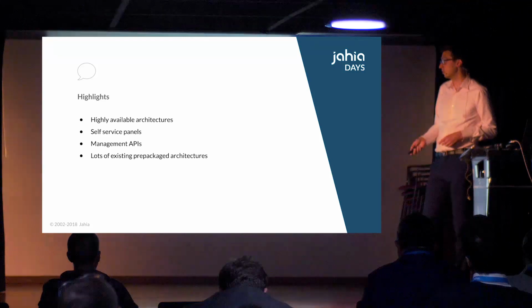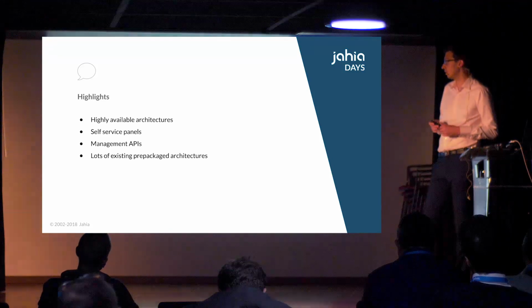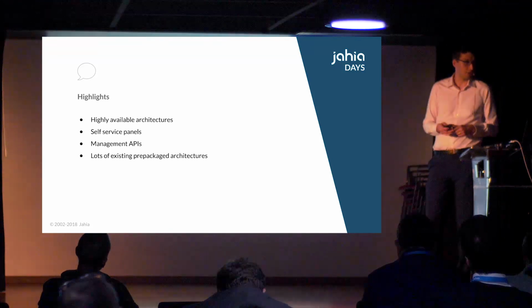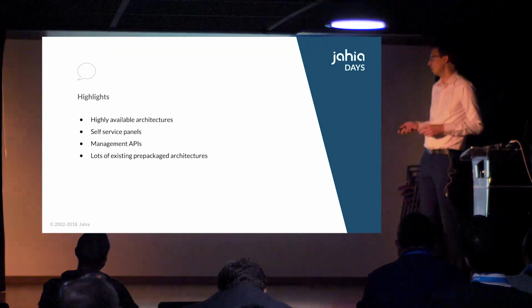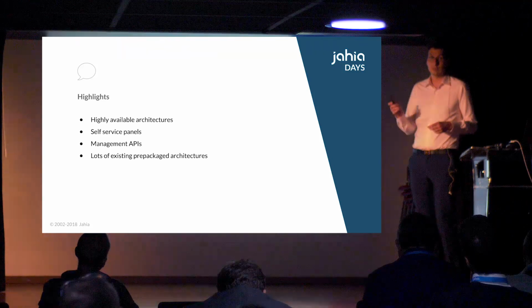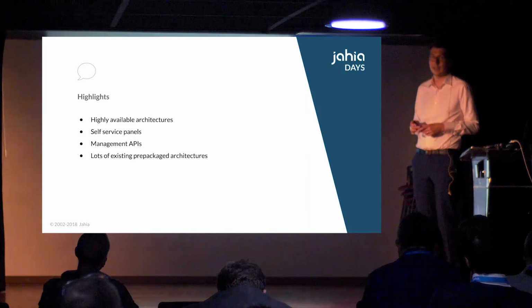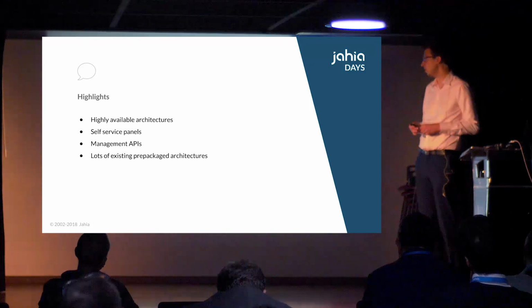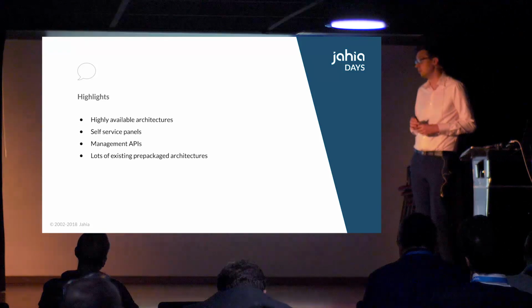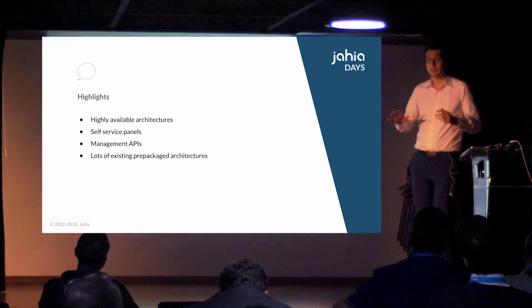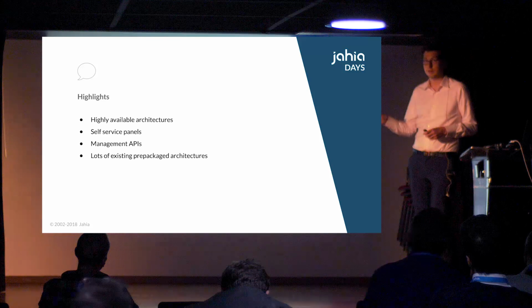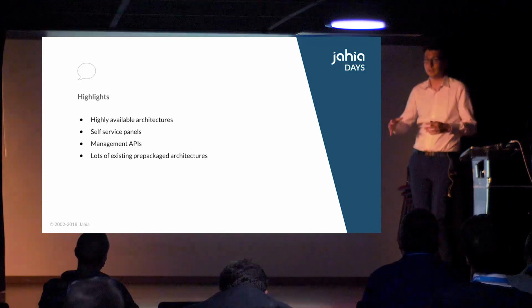Self-service panels. Most of the container as a service technologies have self-service panels. Management APIs. Most of the time REST APIs, but also command line for you to automate everything. And it comes with lots of packaged applications, like all the types of databases, whether you need Elasticsearch, MariaDB in cluster, all that kind of stuff.